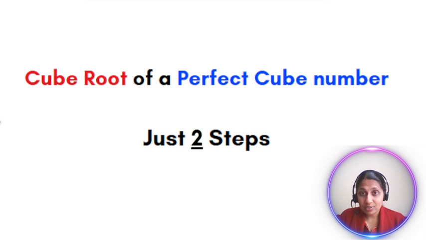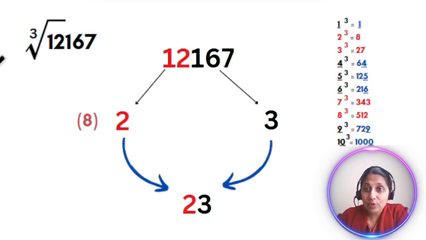For the square root, we needed 3 steps, whereas the cube root is very easy, you need just 2 steps alone. So let's begin with an example. Taking the cube root of the number 12,167. The first step, split off the last 3 digits, which is 167, and the remaining digits.